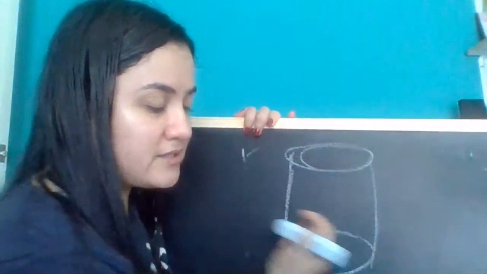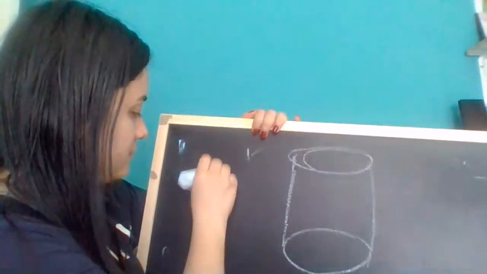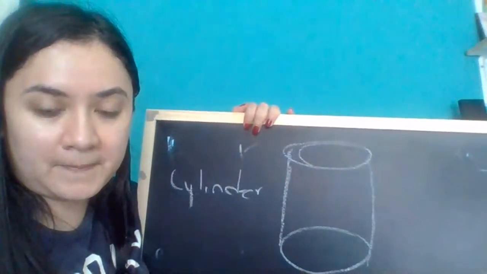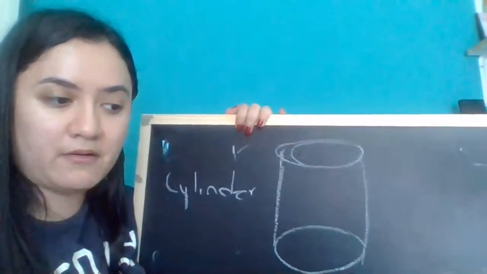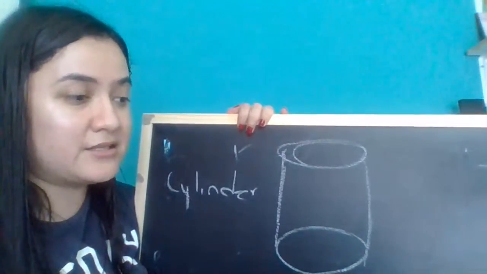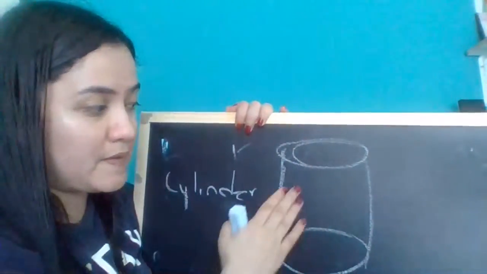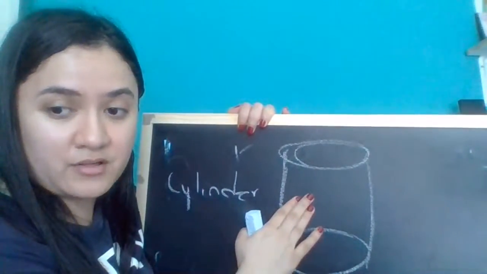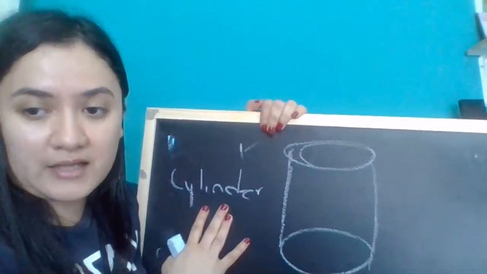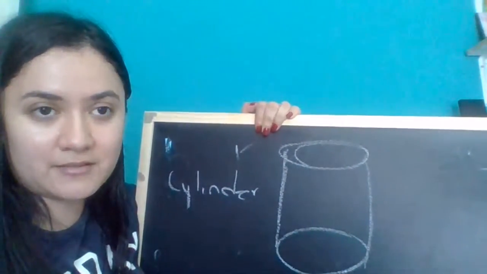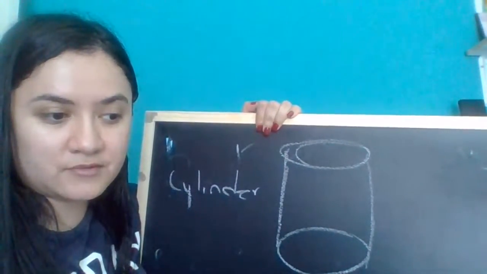This is called a cylinder, right? It's very different from the pyramid because the pyramid has faces with edges. But this type of figure, this cylinder, very good, Alex, has a curved surface, right?